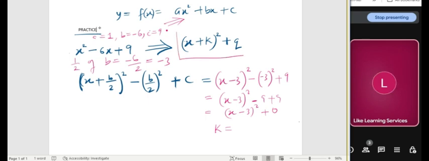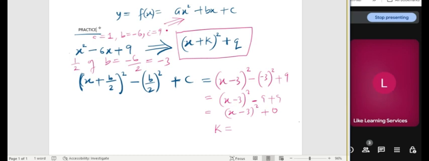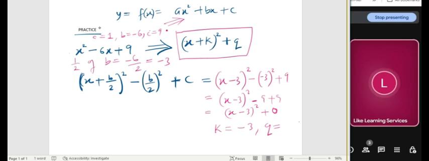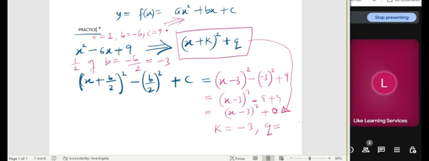Comparing with this, k is minus 3, and q is, no, you are comparing with this. q is minus 9 plus 9, which is 0. Sorry, q is 0.